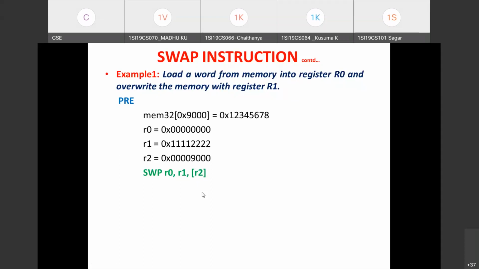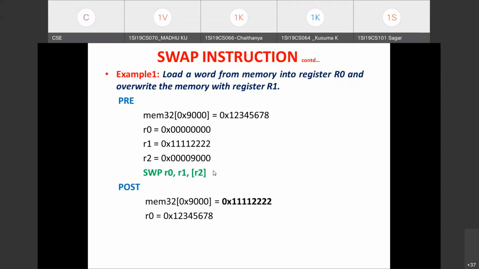After execution of the swap instruction, what is the post condition? Look at the memory content at address 9000H. Whatever is in R1 will be written to the memory location at address 9000H. R1, the source register, has four 1s followed by four 2s, so this data you will find at address 9000H, and the R1 content will not be altered. R0 has the data fetched from the memory at address 9000H.